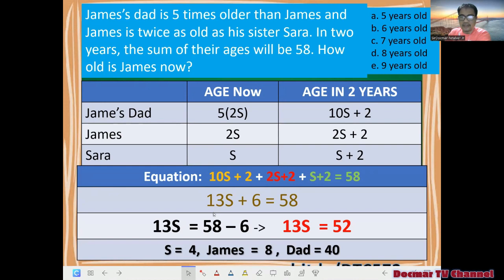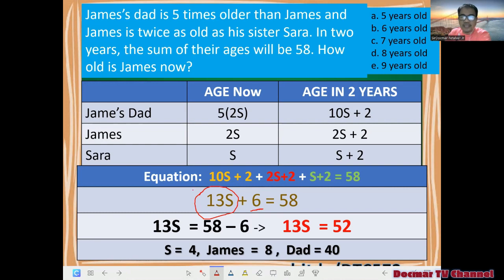So by adding similar terms, of course we have to add S, 2S, and 10S. That gives you 13S. So 10S plus 2S plus S is 13S, plus 6. Why? 2 plus 2 plus 2 equals 6.